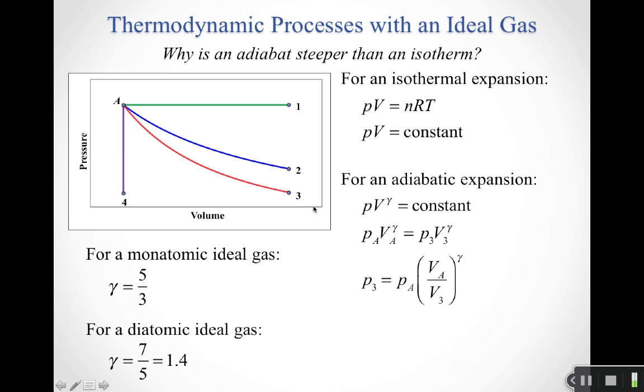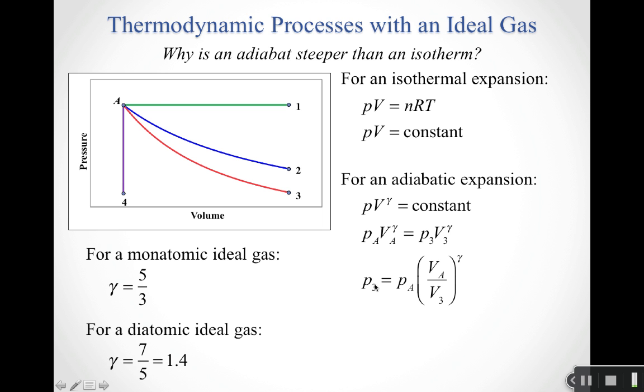And I can rearrange this, and what I get is the pressure at 3, which I know has decreased, is going to be equal to the pressure at A times the volume at A divided by the volume at 3, all to the gamma, instead of just PA times VA over V3, as it would if this were an isotherm.